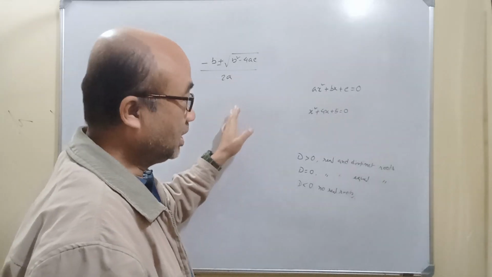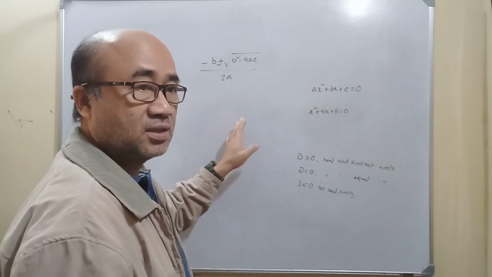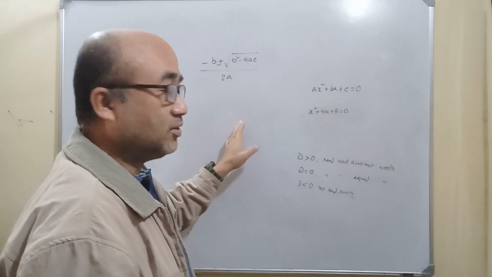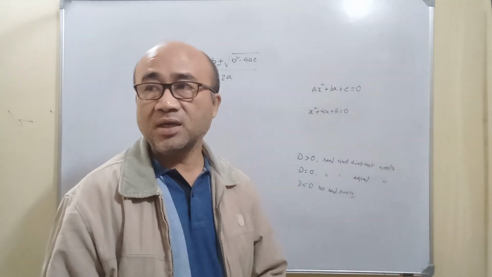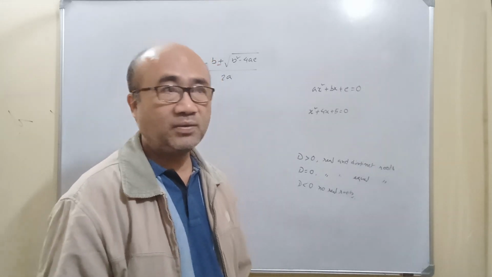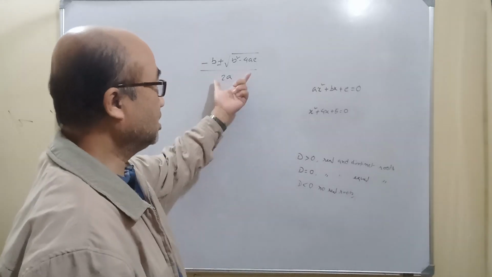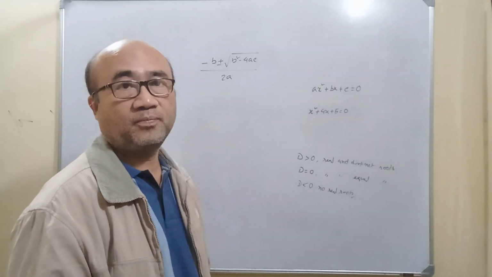Okay. So if the question does not say that you have to solve by a particular method, then you always use the quadratic formula for faster results. You just replace the values and you will get the solution.